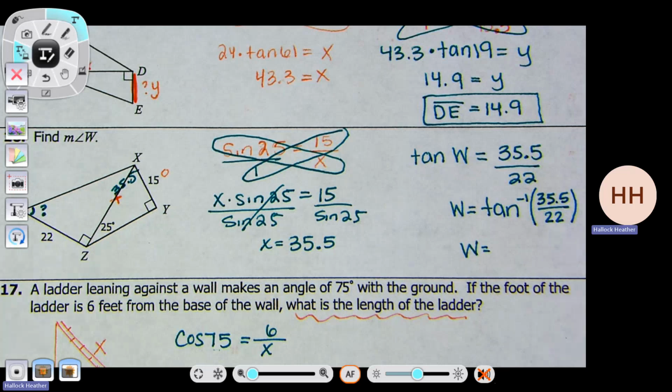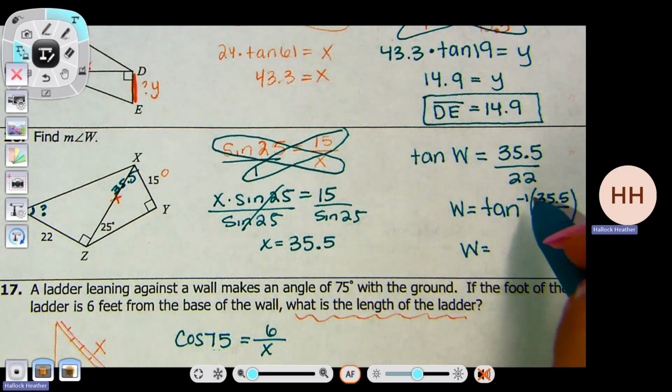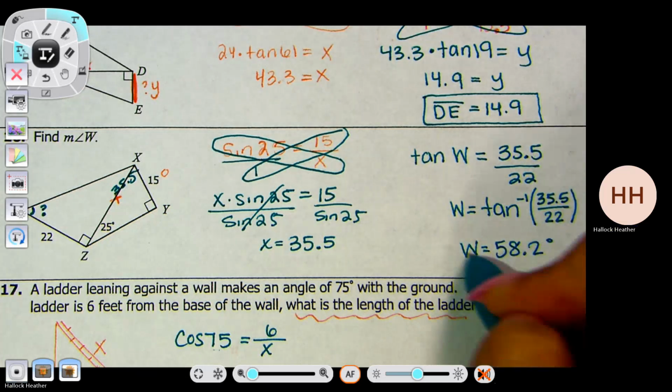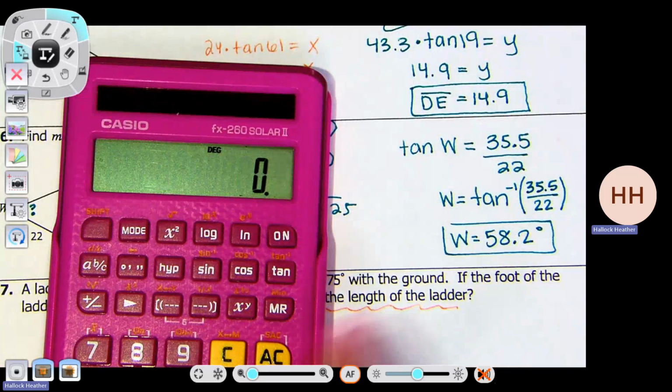What do you get there? 58.2. Okay, listen, we're doing 35.5. We're dividing by 22.